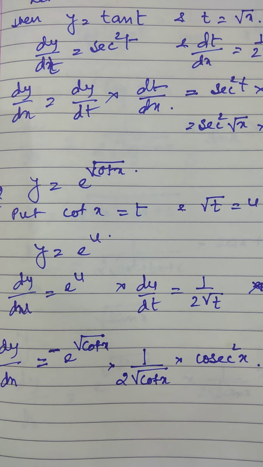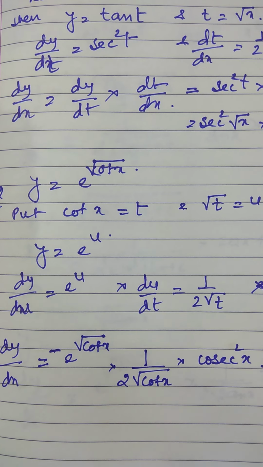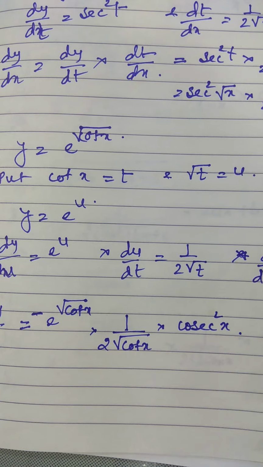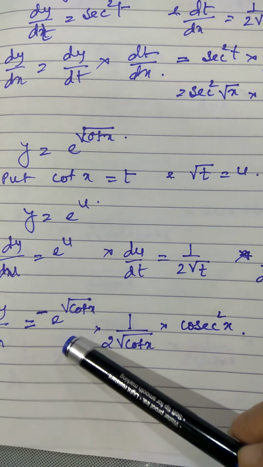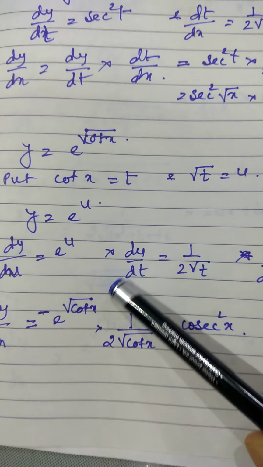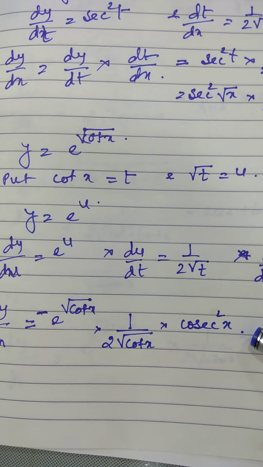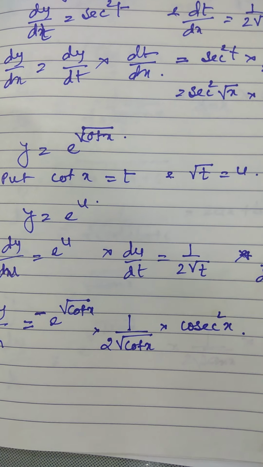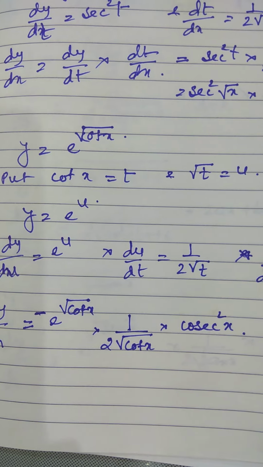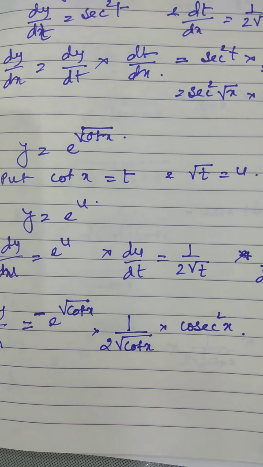And dt by dx is minus cosec square x, since the derivative of cot x is minus cosec square x. So finally it is minus e raised to the power root cot x upon 2 root cot x into cosec square x. So when we finish the differentiation, we just substitute for t, u and all that.